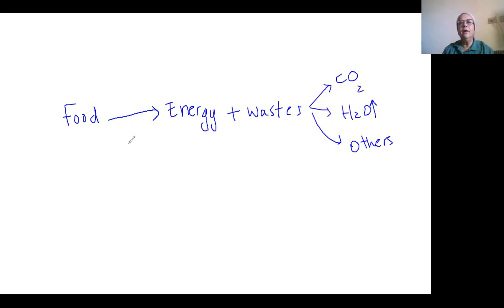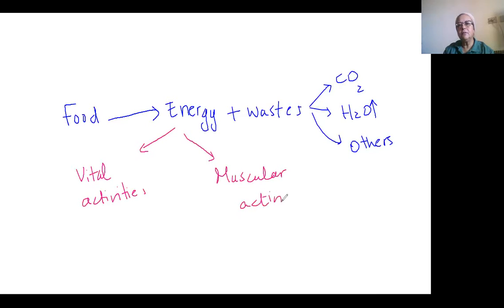Now, why is energy needed that much? Because if energy is extracted, we perform our vital activities by this energy, and we perform our muscular activities. What's the difference? Vital activities means the activities that happen inside our bodies in order to stay alive.